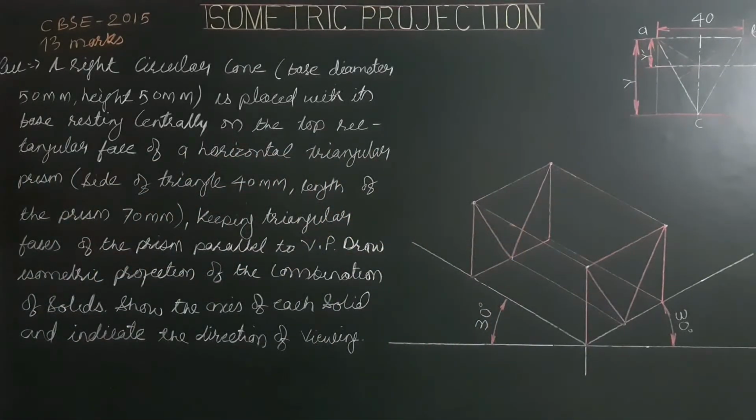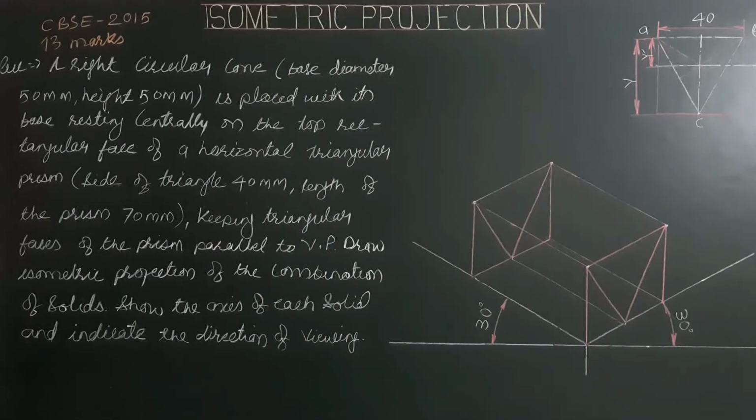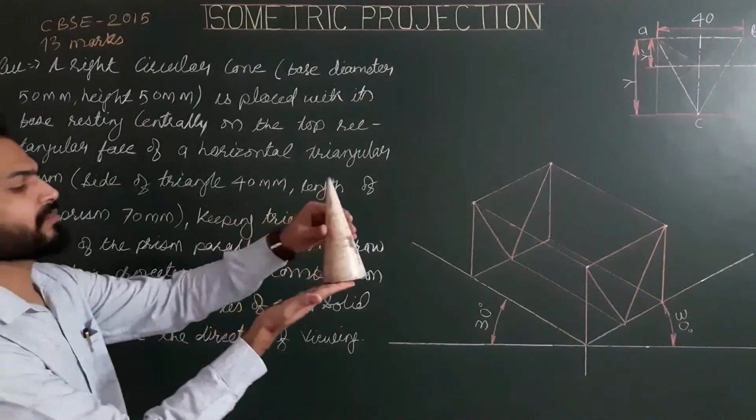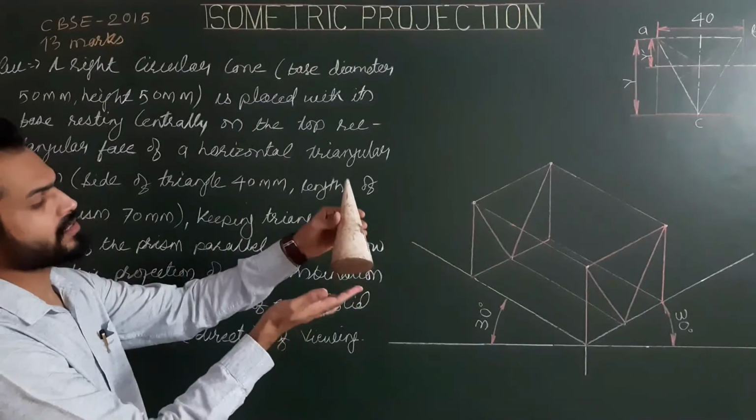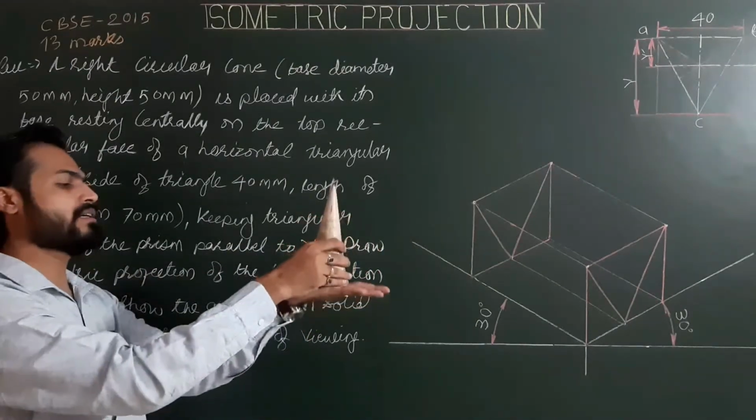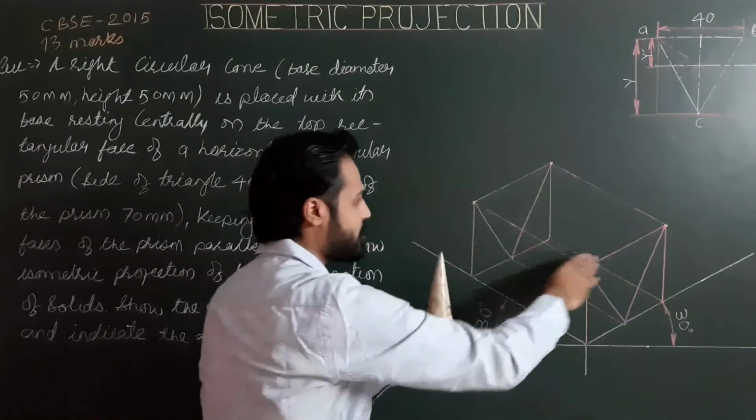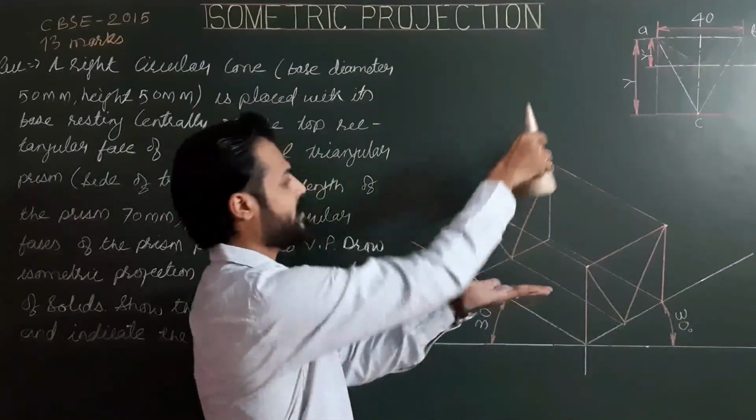Now the second solid, the cone, is resting on its circular base on its center. On its center means on the upper face of this prism and centrally.